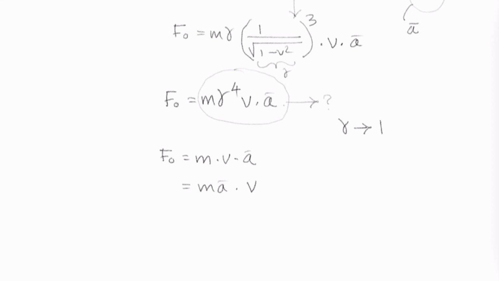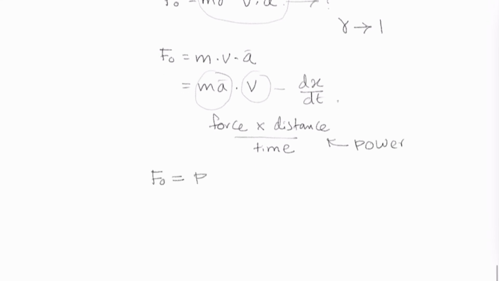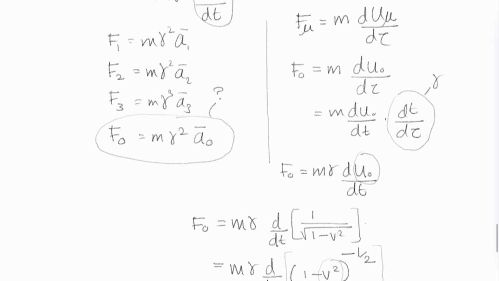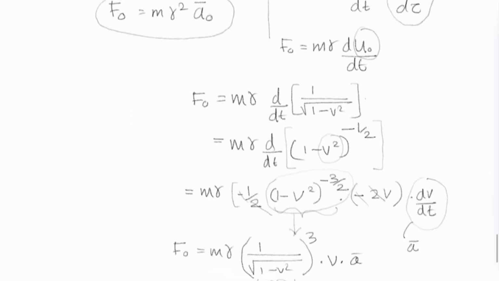So what is ma? Ma is the ordinary force, F of i. And v can be written as dxi by dt. So this is force times distance divided by time. It's the time rate of the change of work. So it is power. F naught is all about power. F of i is m a i times gamma.